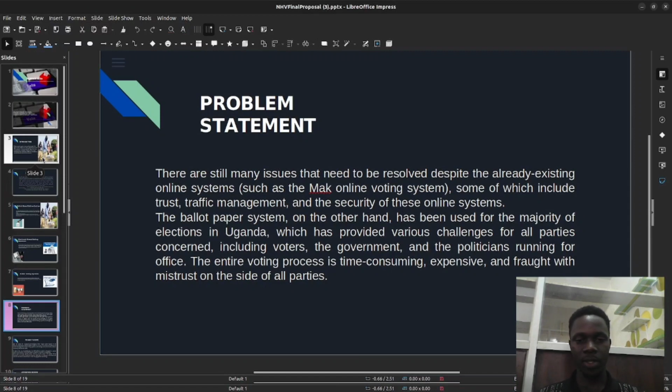The ballot paper system, on the other hand, has been used for the majority of elections in Uganda, which has provided various challenges for all parties concerned, including voters, the government, and the politicians running for office. The entire voting process is time-consuming, expensive, and fraught with mistrust on the side of all parties, which in turn may lead to chaos in society because of the mistrust in the elections.